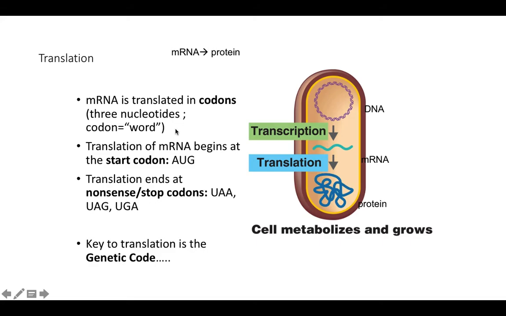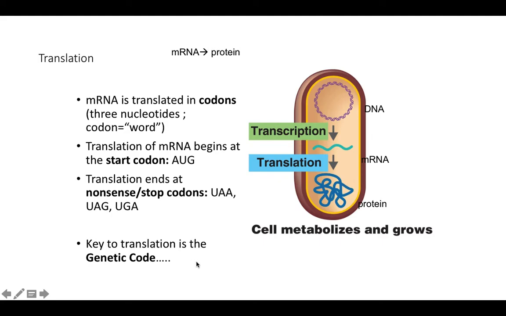And we said that translation of mRNA always begins at the first AUG, which is called the start codon. And you recall that the start codon in bacteria, the first AUG, would be translated into formyl methionine, fMet, but then all other AUGs would just be translated into regular old methionine. And then translation will stop at the nonsense or stop codons, UAA, UAG, and UGA.